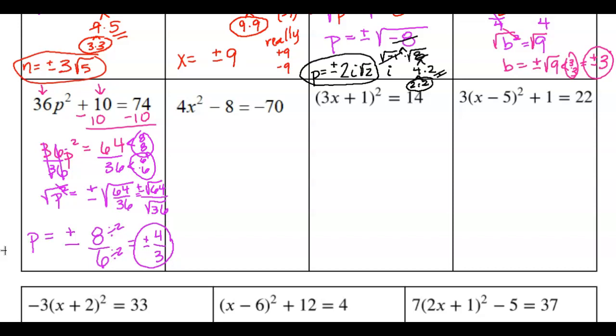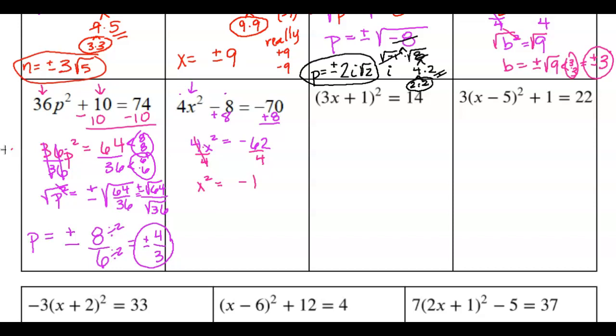All right, let's look at our next problem. Well, here's x squared. I want to move the 4 and the 8. So we're going to add 8. So 4x squared equals -62. All right, these are being multiplied, so we'll divide by 4. So x squared equals negative, and then I get 1.